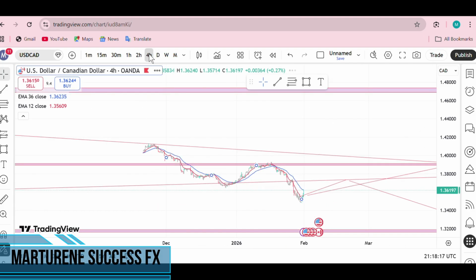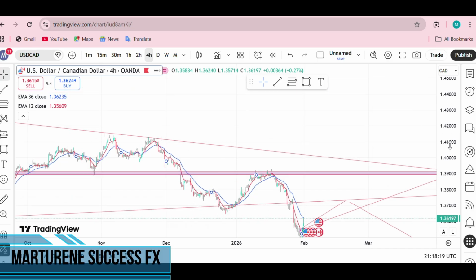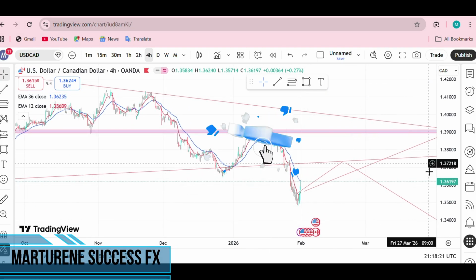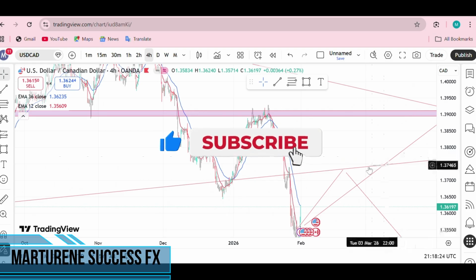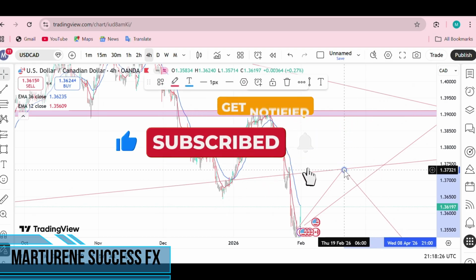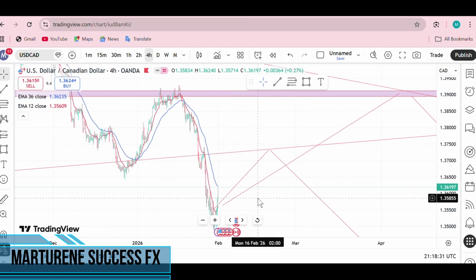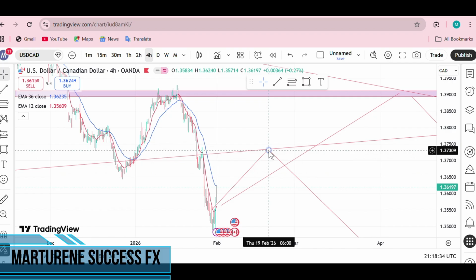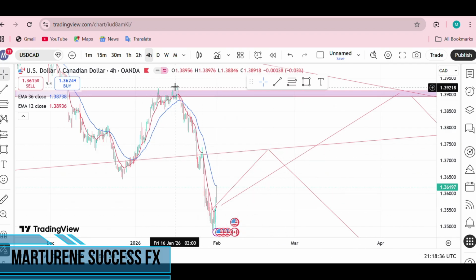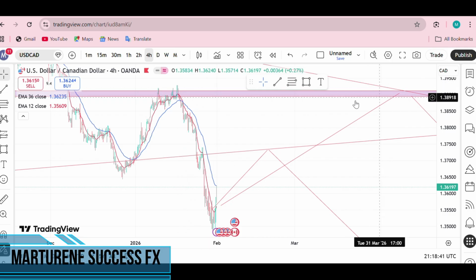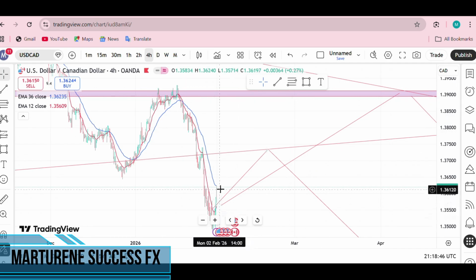Let me go to the 4 hour time frame. As we can see, this is what I was showing, that the market can come to this trend line and push down, or it can come back to this high here. I'm expecting that before it comes to the high, it will not just go very fast up here.